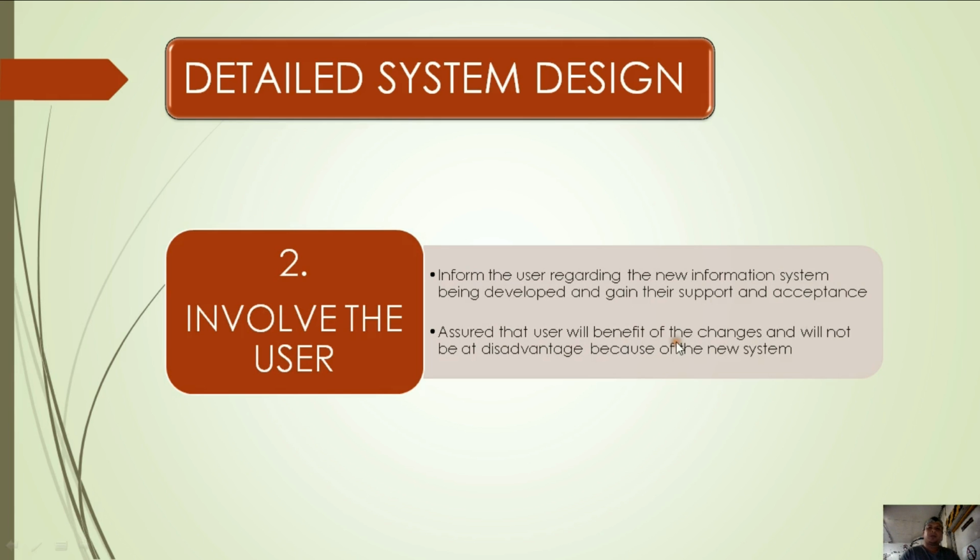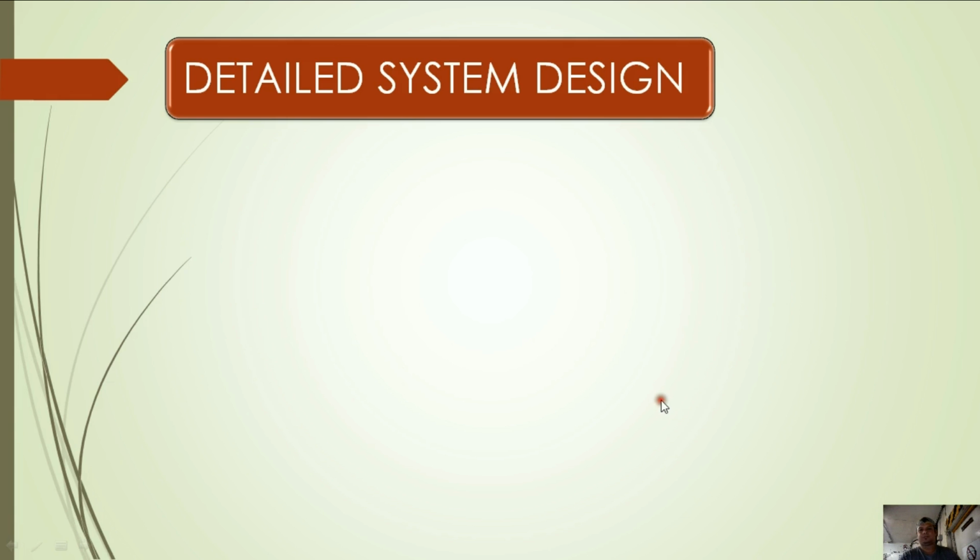Assure that the user will benefit from the changes and will not be at a disadvantage because of the new system. So the new system should be a gain for the user. They will not complain that the old system is better than the new system. So we need to explain to them how the new system works and how it will be easier compared to the old one.